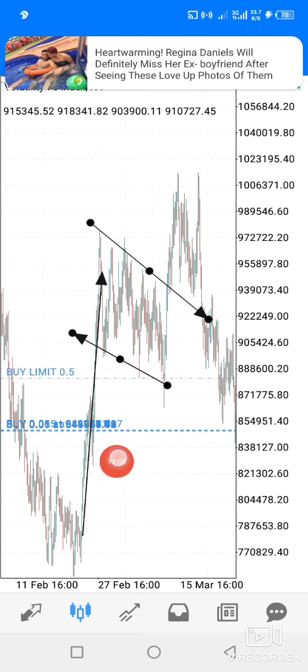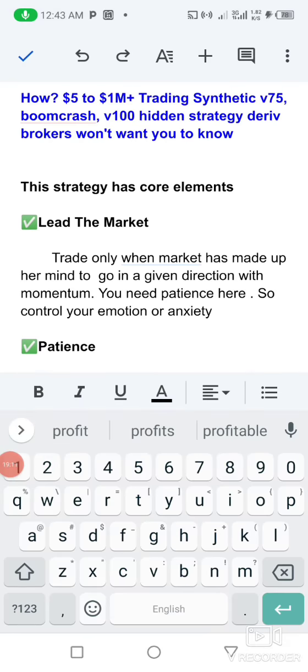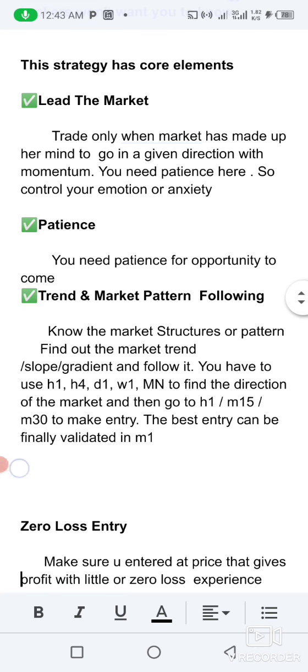You need to buy. You need to look for a buy signal. I told you the strategy. What did I tell you? Trend and market pattern following. You should follow the trend.